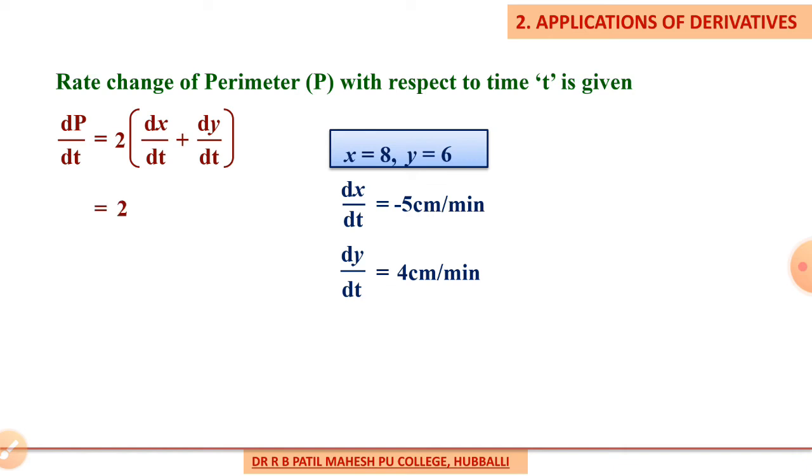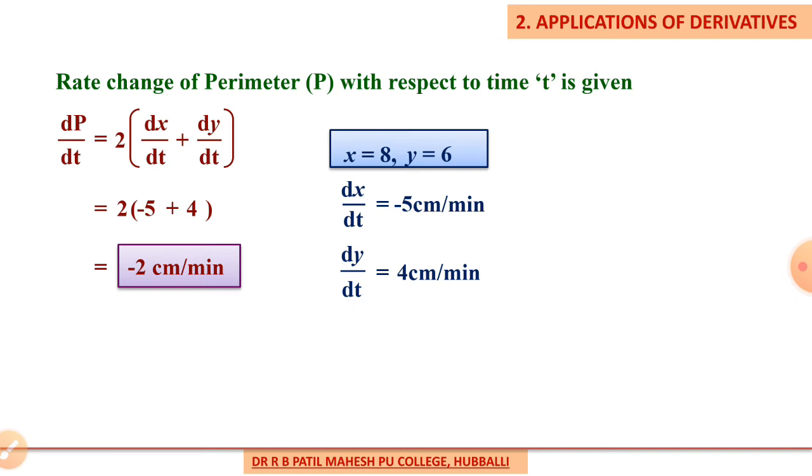Next, dx by dt is minus 5 plus dy by dt is plus 4. Now if we simplify, minus 5 plus 4 is minus 1. Minus 1 into 2 is minus 2 centimeter per minute.